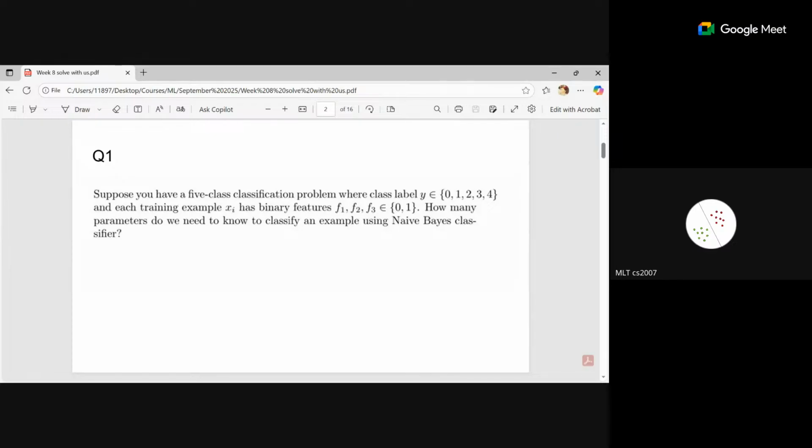So the first question is, suppose you have a 5-class classification problem where the class label is 0, 1, 2, 3, 4, and each training example xi has binary features f1, f2, f3. The question is, how many parameters do we need to know to classify an example using a naive Bayes classifier?